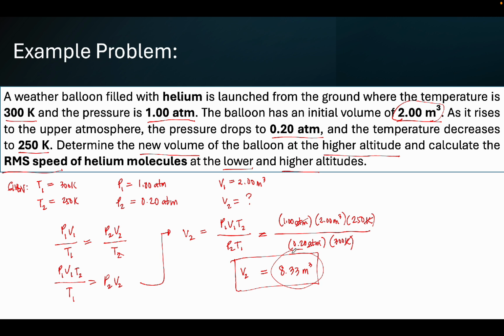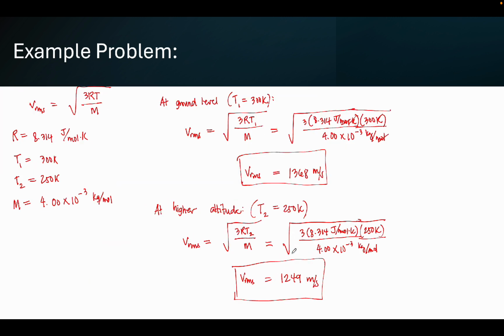Now, as for the root mean square speed of the helium, notice here that the root mean square speed at ground level is greater compared to the root mean square speed at higher altitude. So this shows that molecular motion slows down at lower temperatures. Okay, so this explains why high altitude balloons expand as they ascend. And also, the decrease in molecular speed affects diffusion rates, impacting how gases mix in the atmosphere.